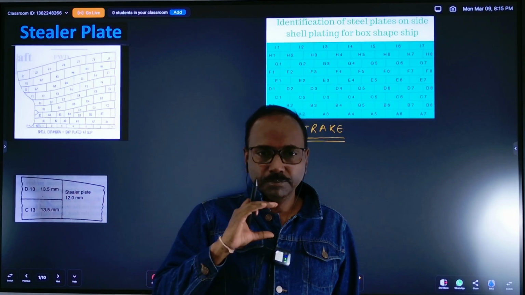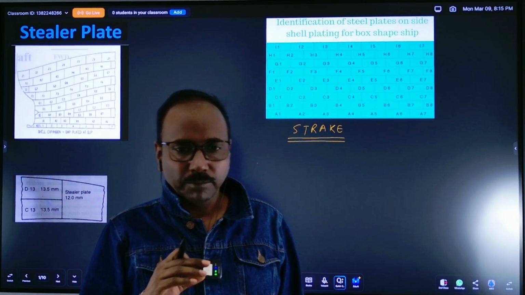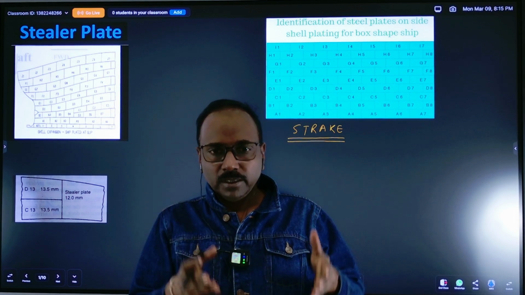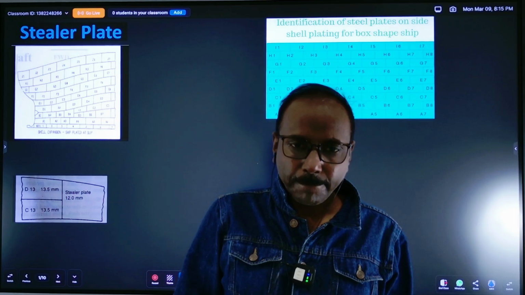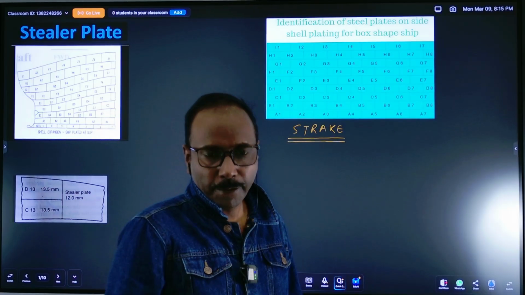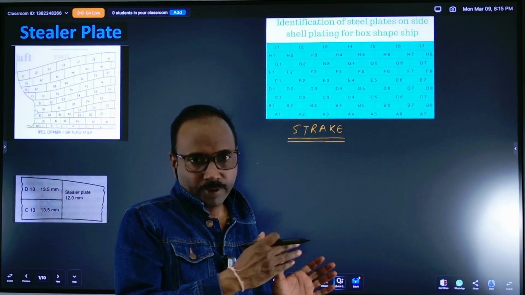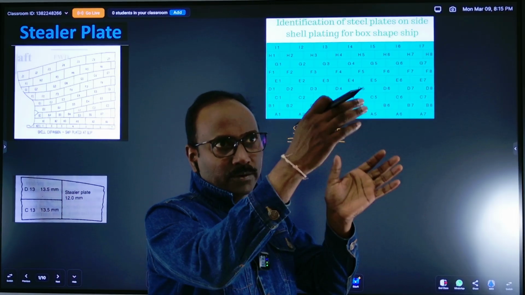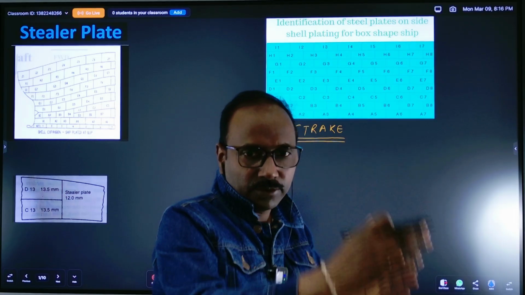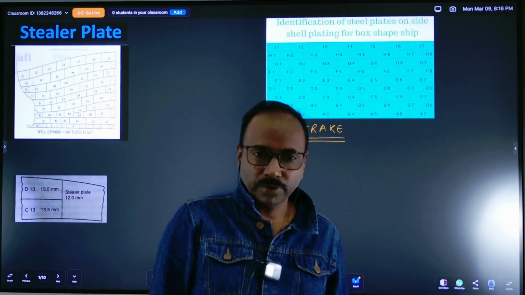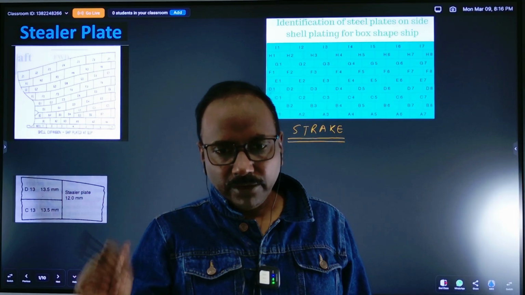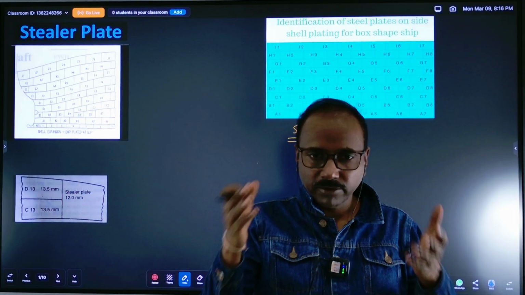So this is not one complete plate running straight from stern to bow, but a number of plates arranged in rows, one row, two row, three row, four row, and longitudinally also one, two, three, four, from astern to bow. You arrange the plates and weld them to make the complete shell of the ship.